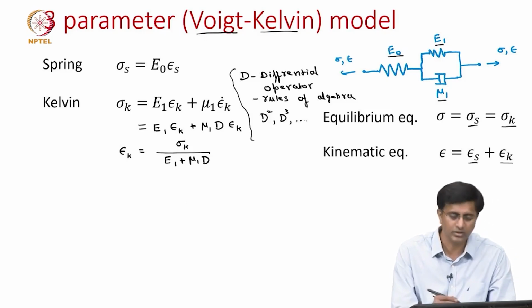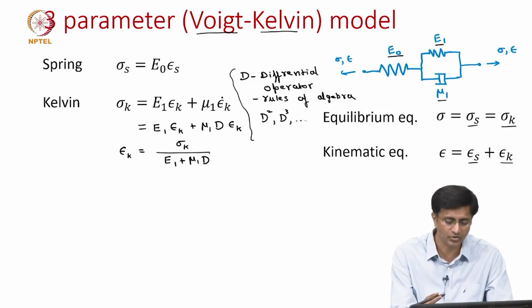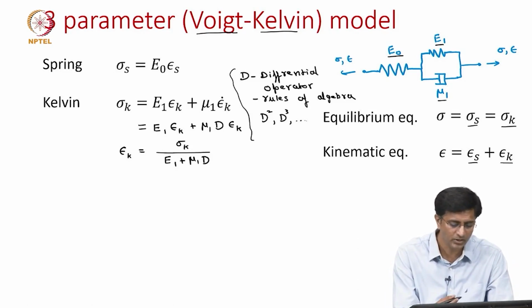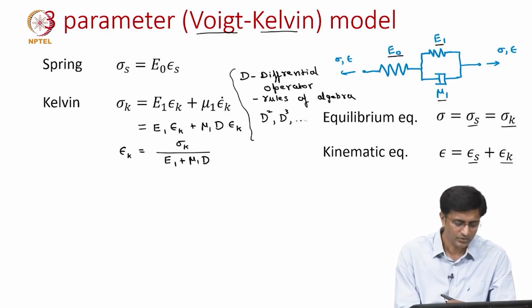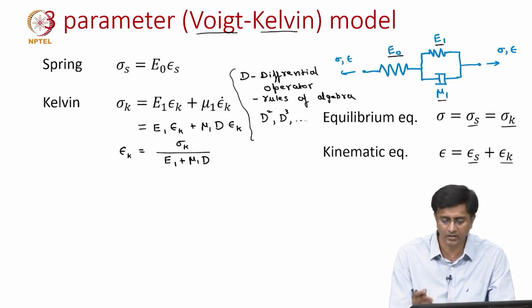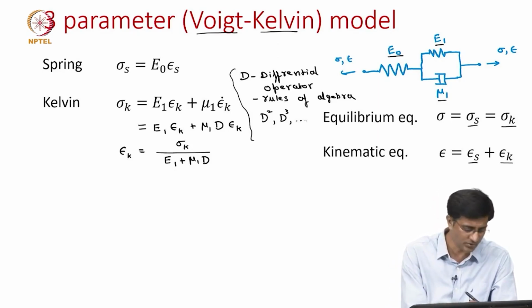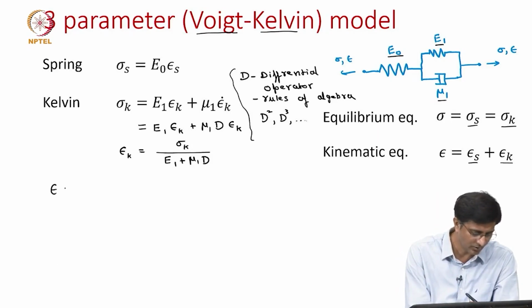So, since I said that D follows the rules of algebra, I can move D away from this epsilon k. Okay. So, once I have this, now I can rely on the kinematic equation to say that epsilon, the total strain, is summation of strain in the spring plus strain in the Kelvin model.